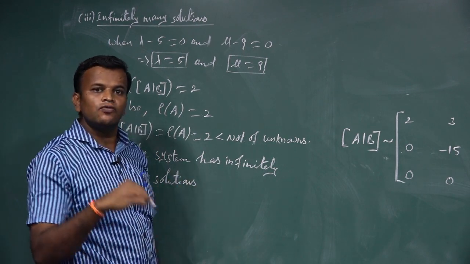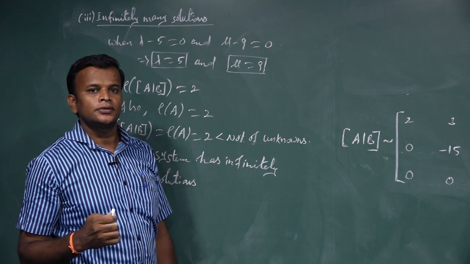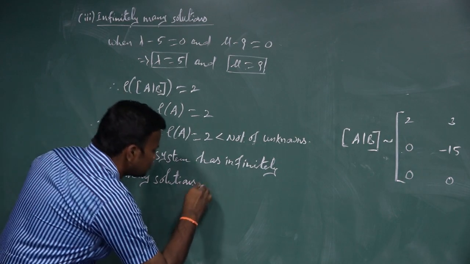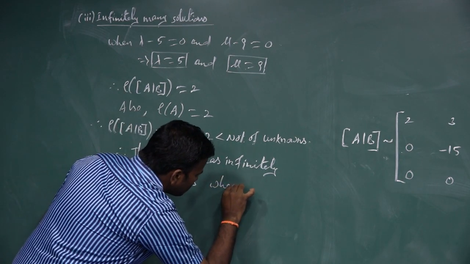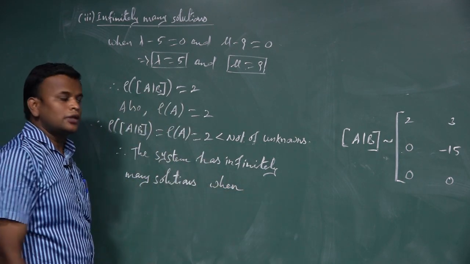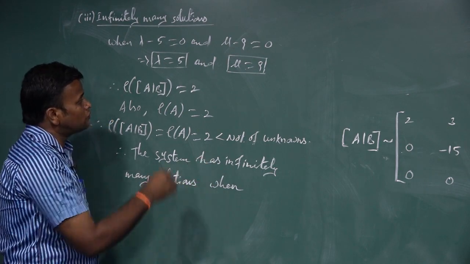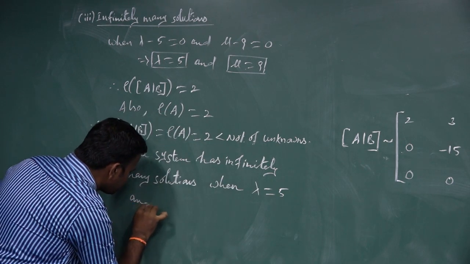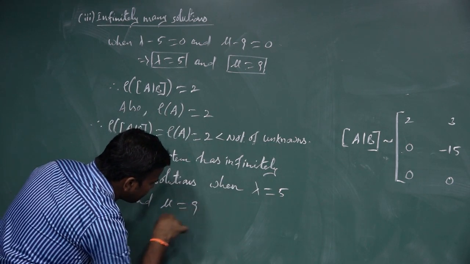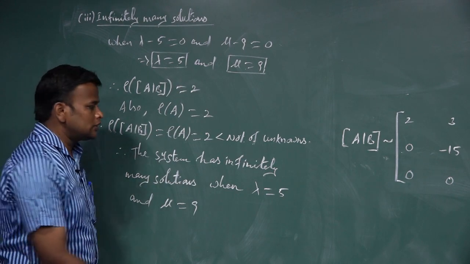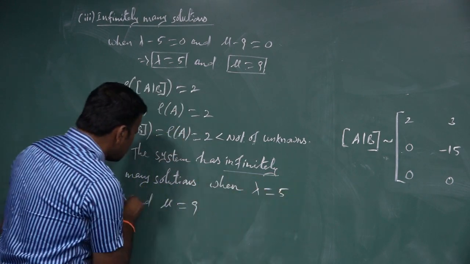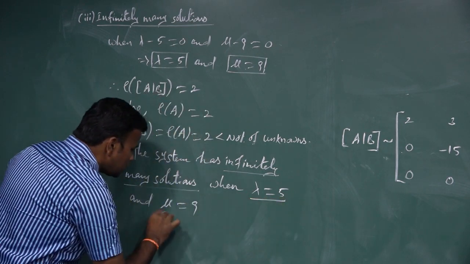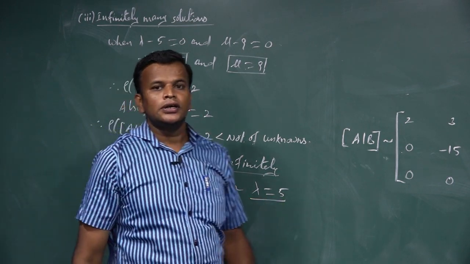Therefore, the given system has infinitely many solutions when lambda is equal to 5 and nu is equal to 9. We indicate: when the value of lambda is 5 and the value of nu is equal to 9.